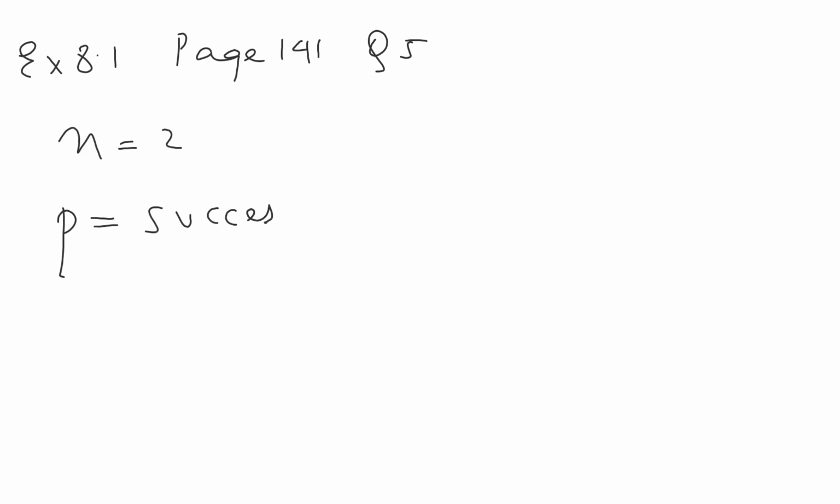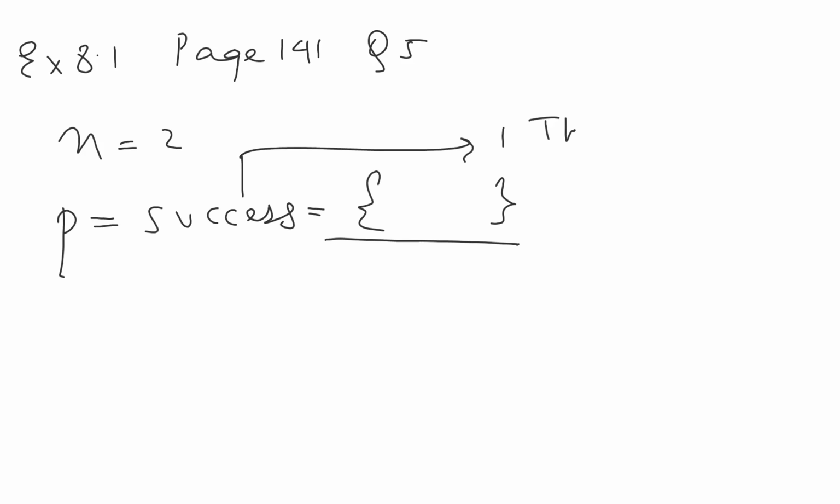Now see, P is the success for one trial, in one throw. Don't consider two throws, but consider only one throw. If we are throwing a die once, the numbers greater than 4 are 5 and 6 out of all the numbers 1, 2, 3, 4, 5, 6.